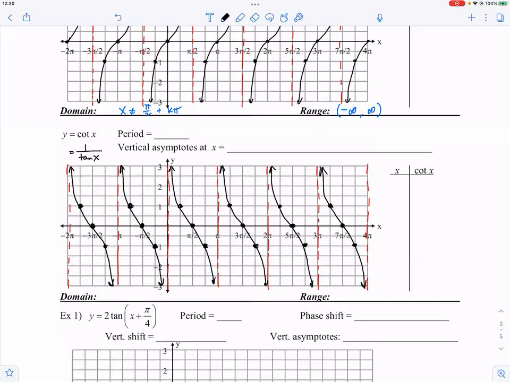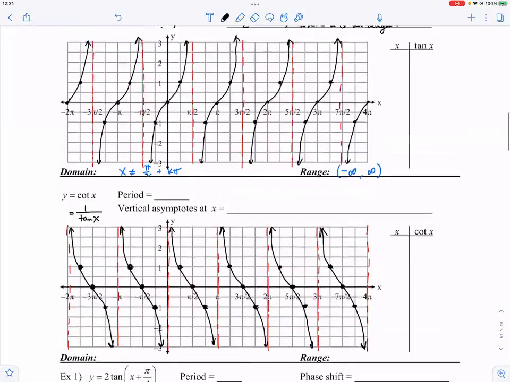Whether it's reflected horizontally or vertically, it does look reflected one way or the other. Period, it's still pi. And the asymptote will be just k pi, because first it appears on the y-axis, and then it just keeps repeating itself after every pi units.